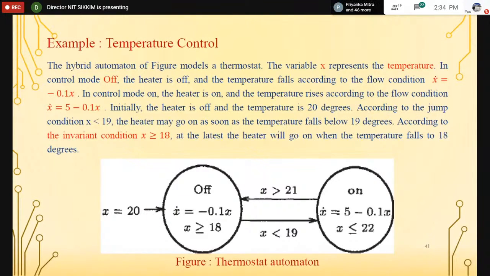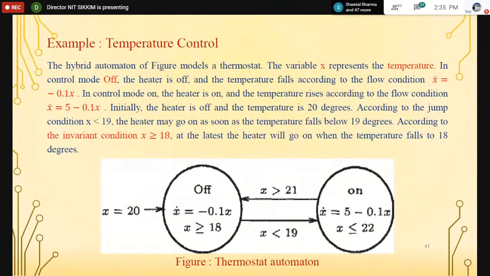This temperature controller can be in off and on mode, and whenever your temperature is greater than or equal to 18, your heater has to be put into the off mode. The controller must switch off the heater, and whenever the temperature is less than or equal to 22, it should be in on mode. So how to make a transition?